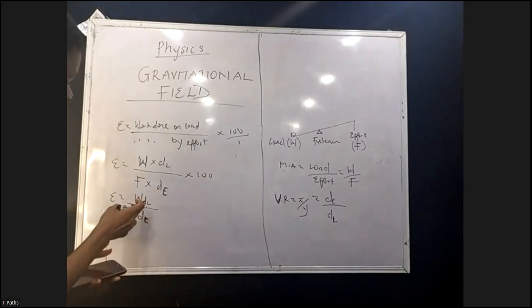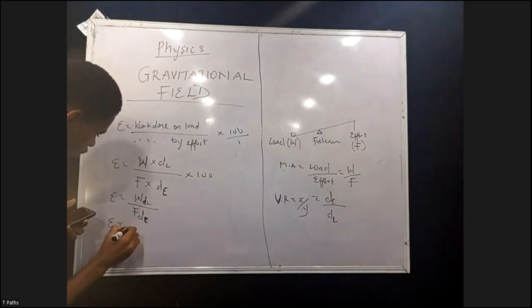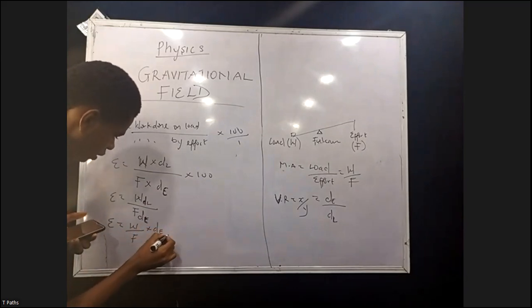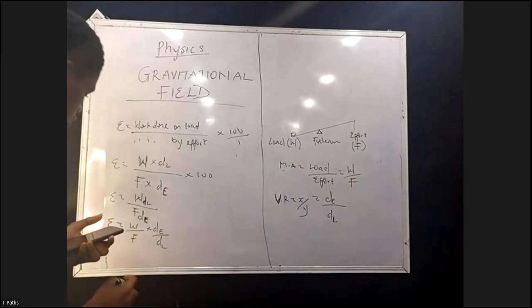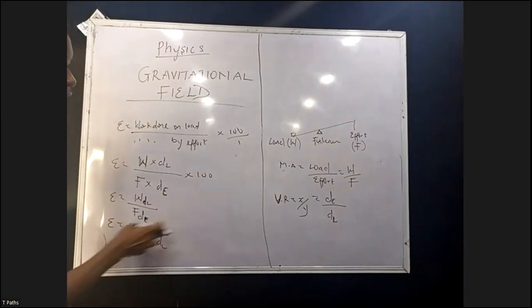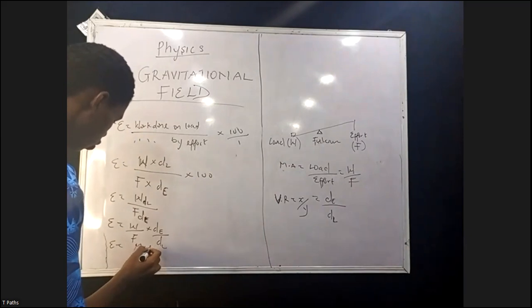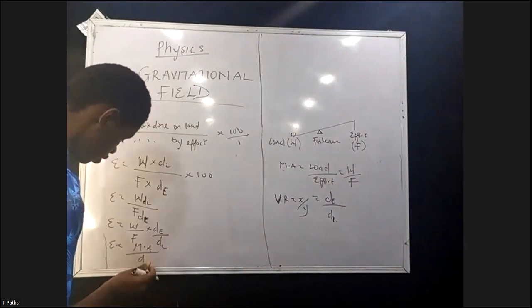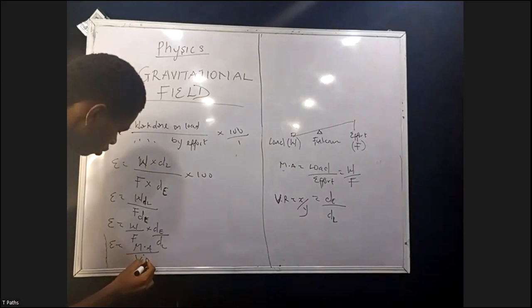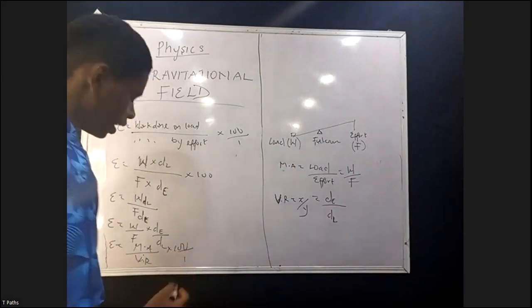Since my mechanical advantage is W over F, this is equal to W over F times DE over DL. So E is equal to mechanical advantage over velocity ratio, times 100 over 1. I guess we are clear.